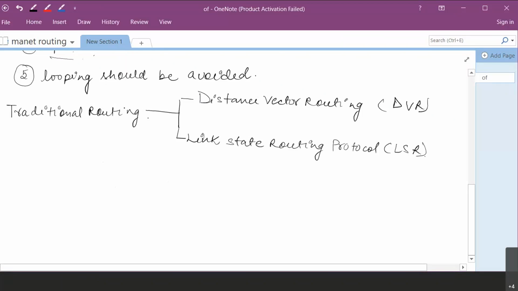Here the functionality of distance vector routing and LSR routing protocol is somewhat different. What is different and what is the updated one, we will see in our further lecture. First we will see the difference between traditional routing protocol and MANET routing protocol.